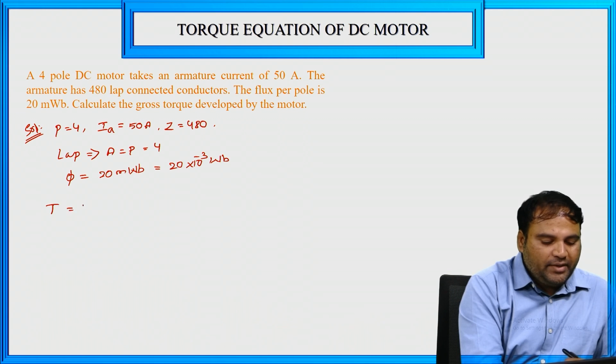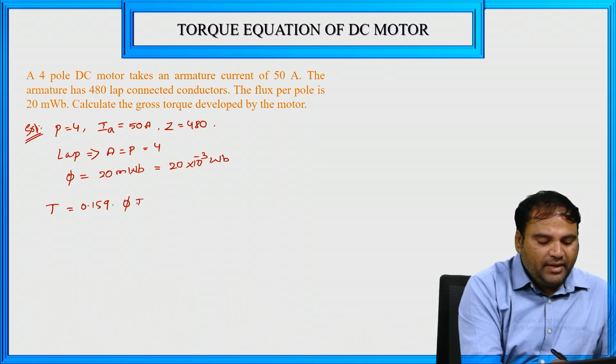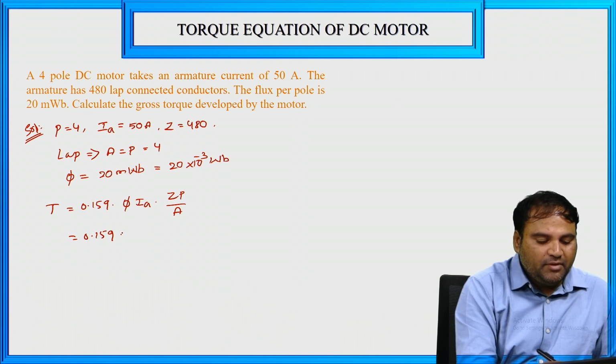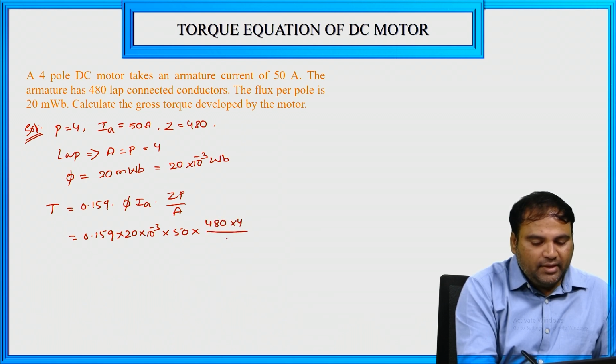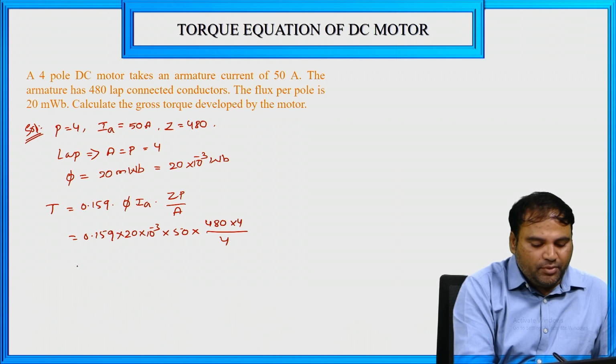So torque equal to 0.159 into φIa into ZP by A, that is equal to 0.159 into the flux 20 into 10 to the power of minus 3 into armature current 50 into number of conductors 480, number of poles 4 and parallel paths A equal to 4.